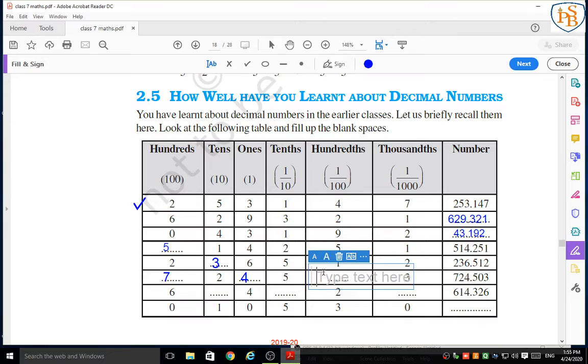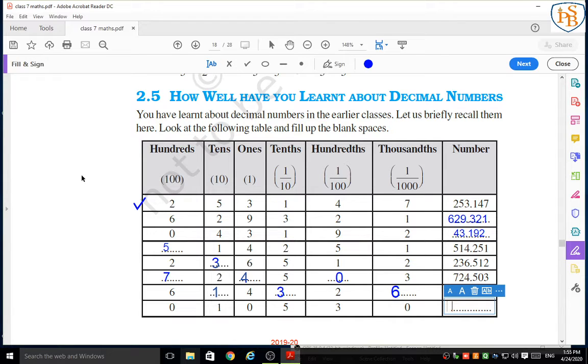So here the number will be 0. Yes, we have to put 0 in this way only. Which number will come here? The number is 614.326. So here it is 1. Here is 3. And here it is 6. Very good.